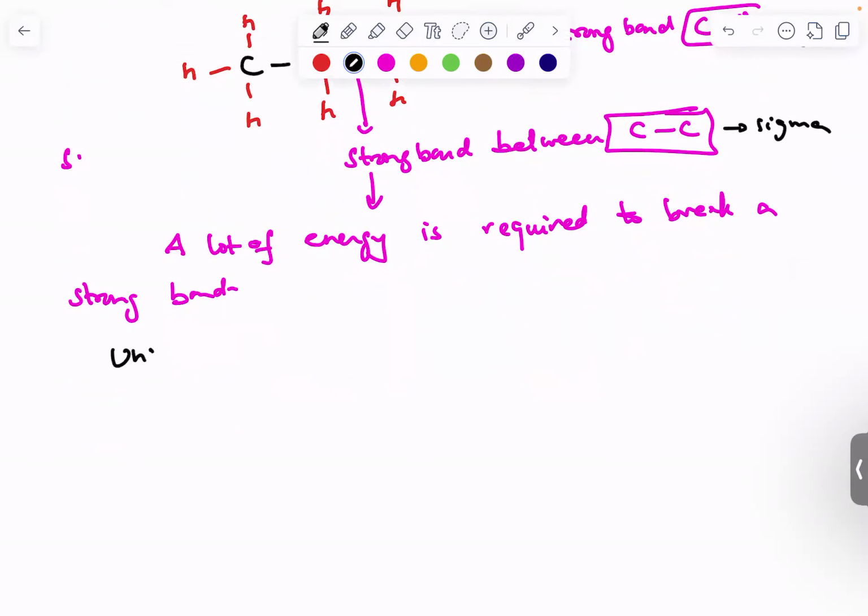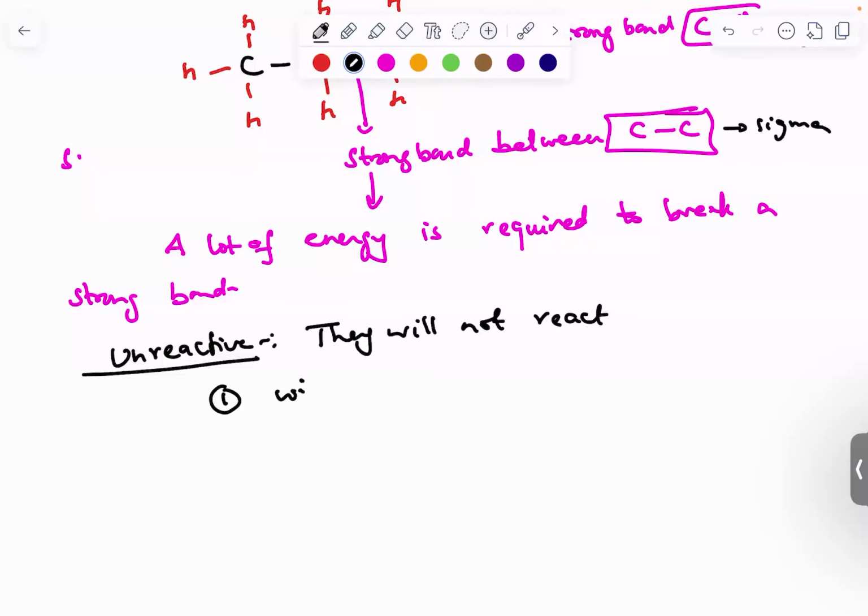When I say that they are unreactive, it means that they are not going to react. They will not react with acids.